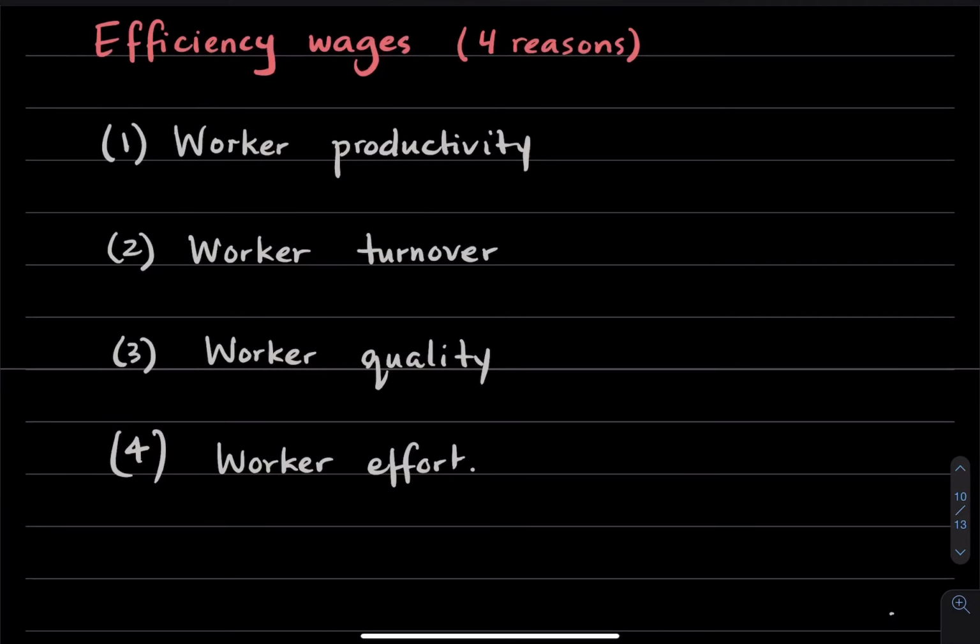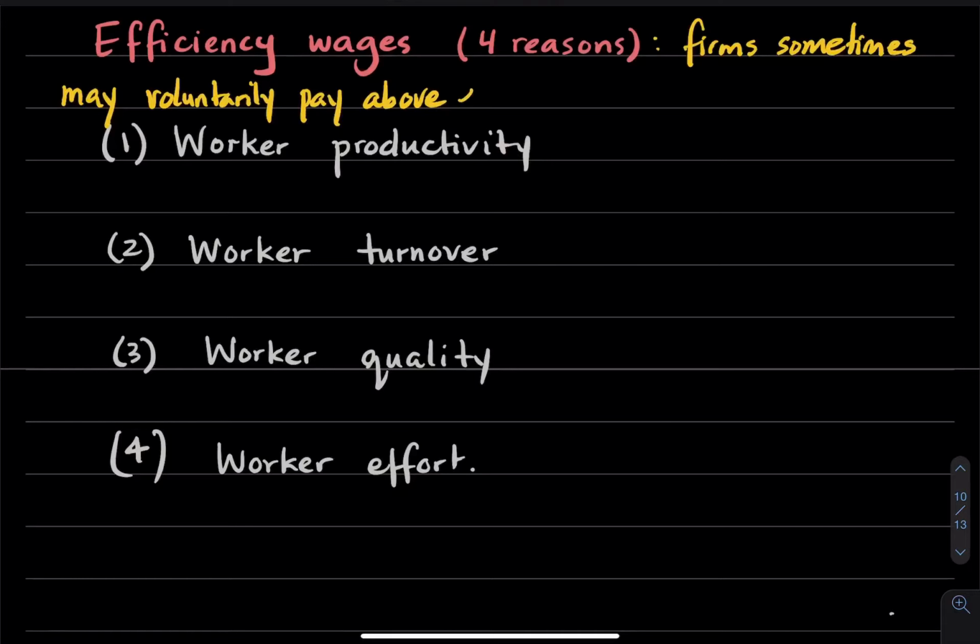Efficiency wages are due to the fact that firms sometimes may voluntarily pay above equilibrium wages because they think that is going to boost worker productivity.